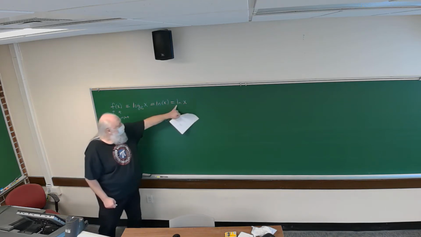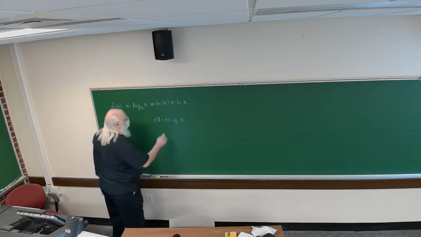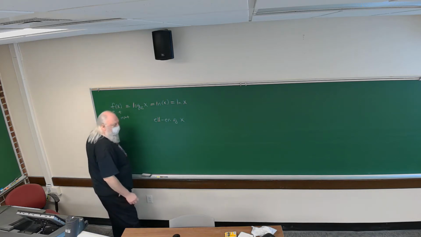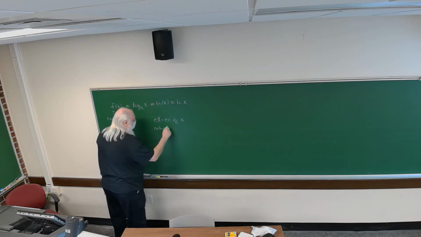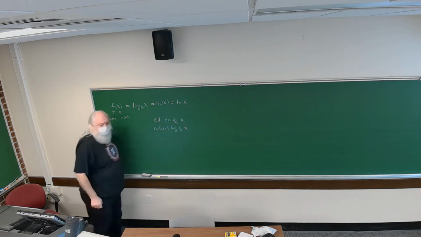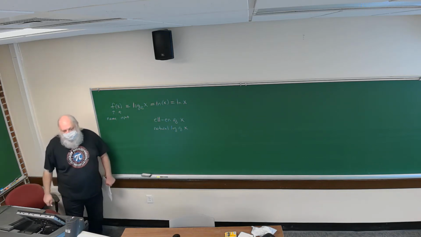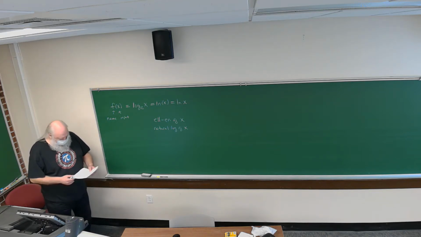This is the name of the function, and this is the input to the function. And sometimes, just a reminder, instead of saying ln of x, I'll say the natural log of x, because that's how we did it back when I was an undergraduate.